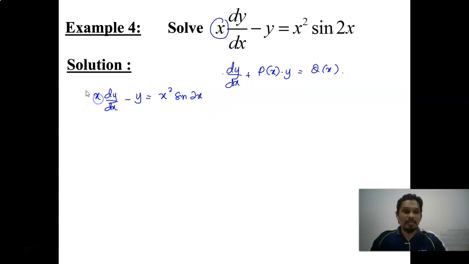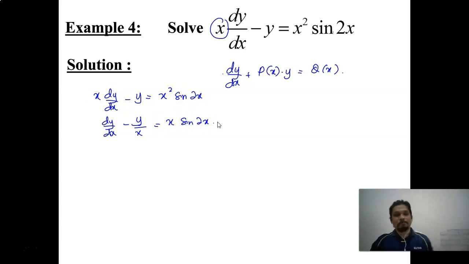Multiply with 1 over x, then dy/dx minus y divided by x equal to x squared divided by x, which is x sine 2x.